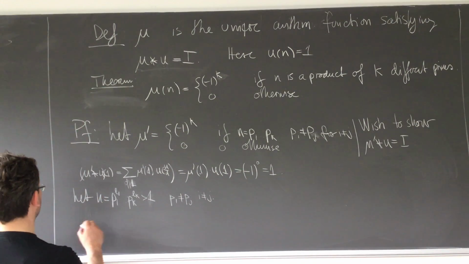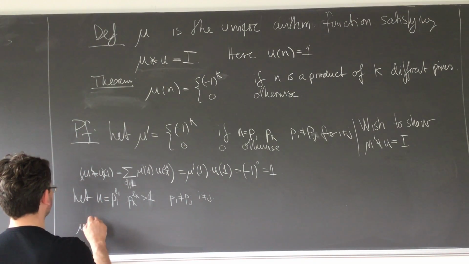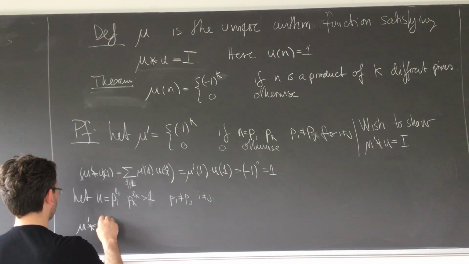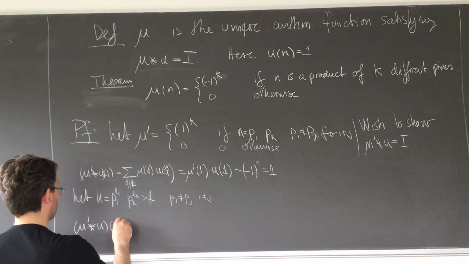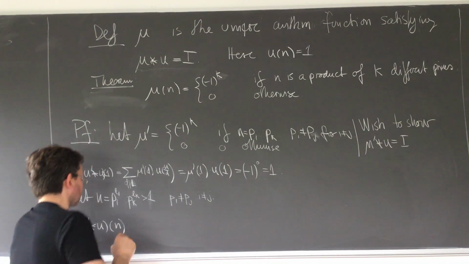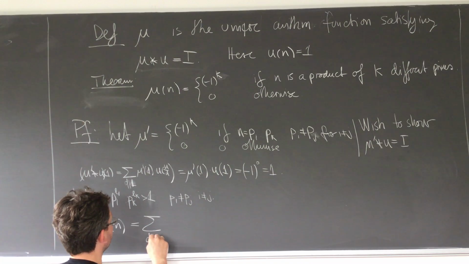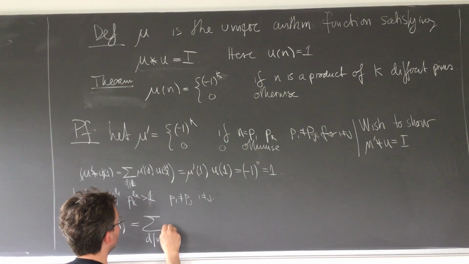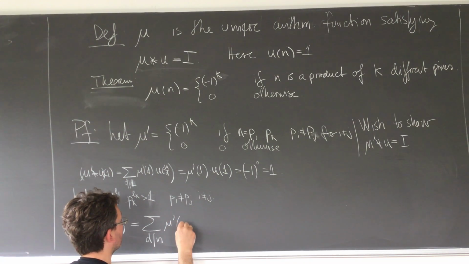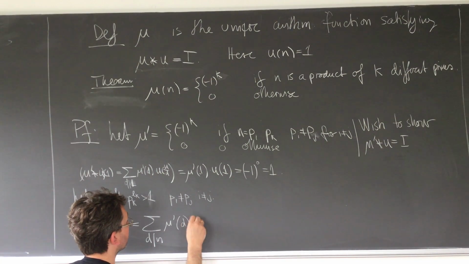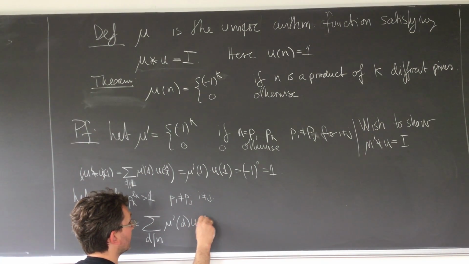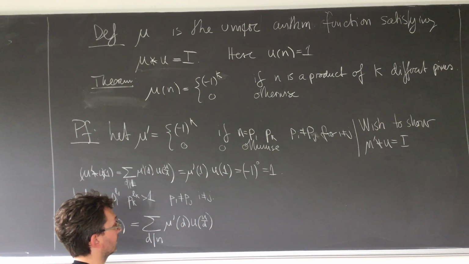Then we want to see what is mu prime convolved with u at n. By definition, this is the sum over the divisors d of n of mu prime of d times u of n divided by d.